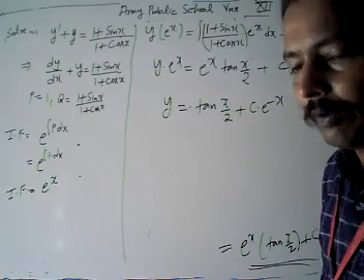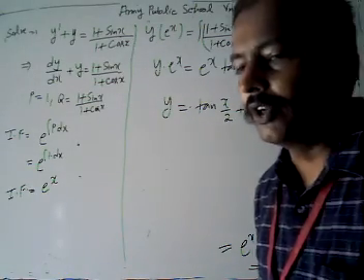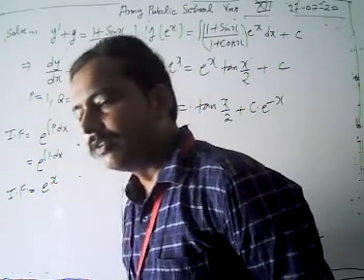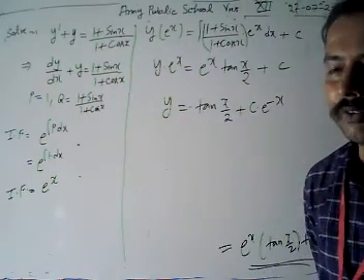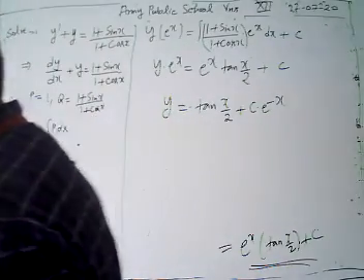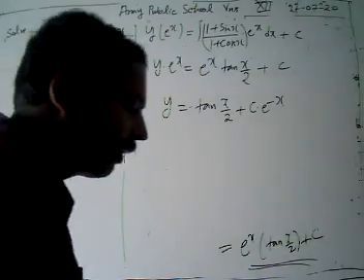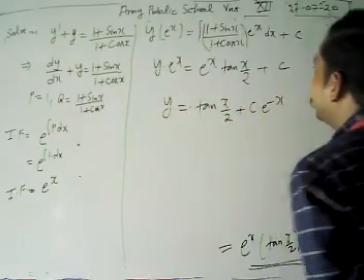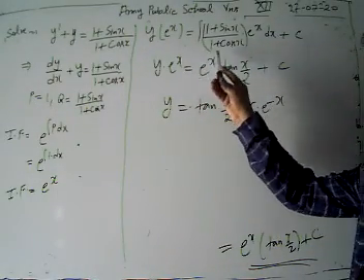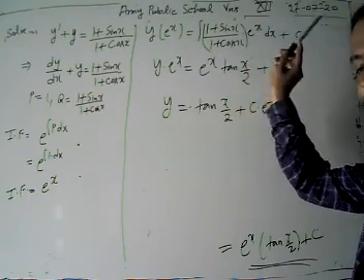It's in the form dy/dx plus py equal to q. In such types of problems, what is our solution? Our solution is given by y into integrating factor equal to integration of q into integrating factor plus c. Our integrating factor is e to power x. So our solution is y into e to power x equal to integration of 1 plus sin x upon 1 plus cos x times e to power x, because this is q into e to power x.